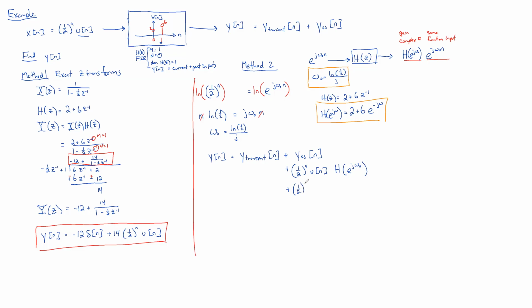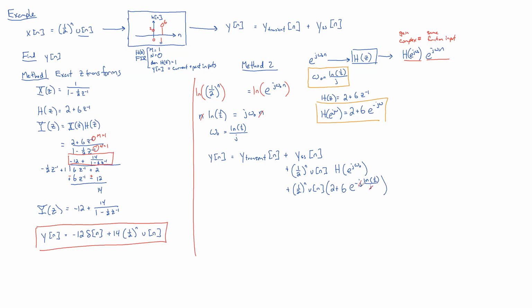It's 1/2 to the n u of n times 2 plus 6 e to the minus j omega naught. Now we find what our omega naught is, and we said it's ln of 1/2 all over j.